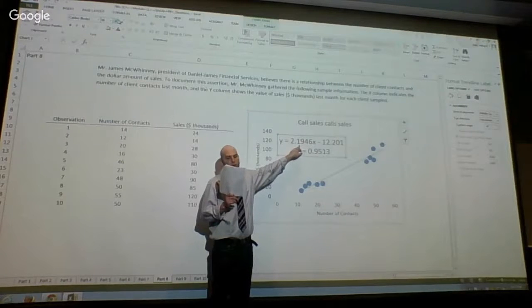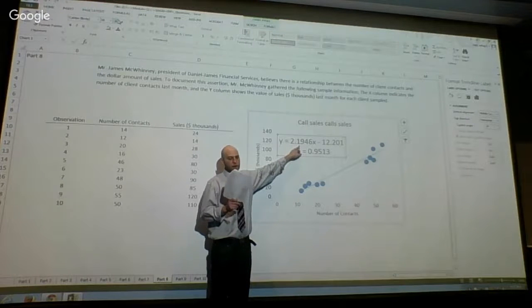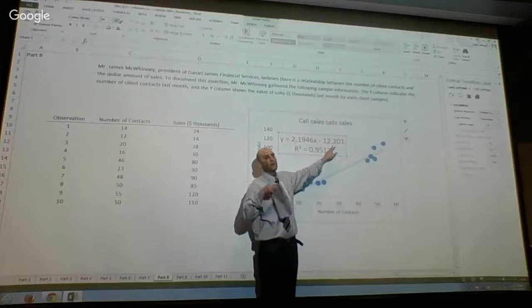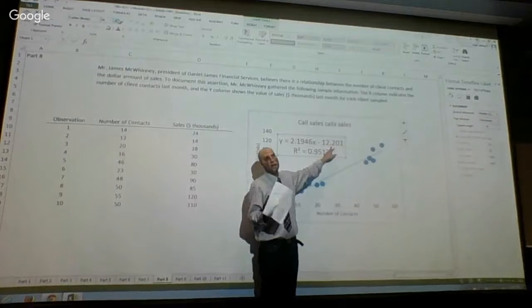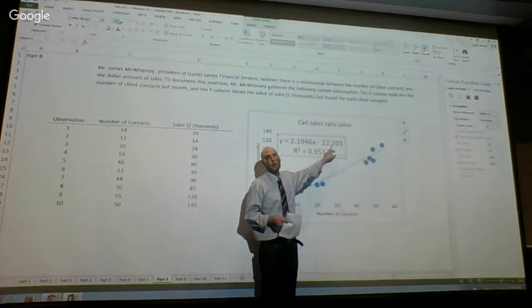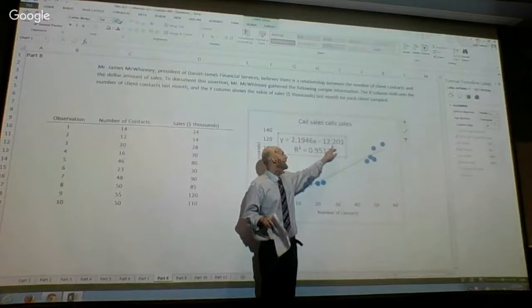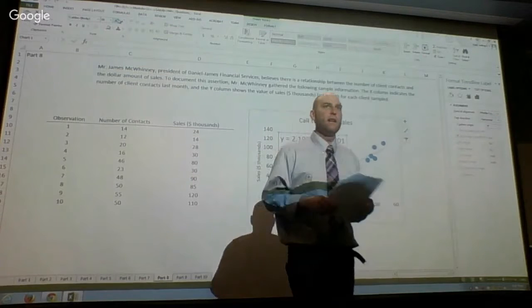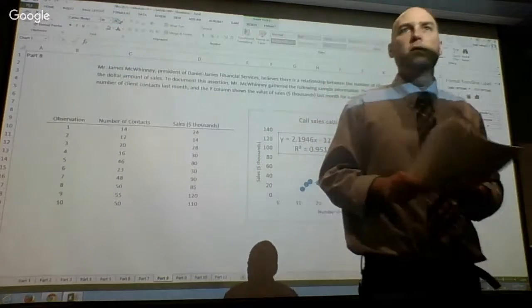I don't want to go in that circle. Just pick 2.19. That's the value for B, because the value for A is negative 12.201, which on your answer key is A. 79 is A. 79 down, 22 to go.